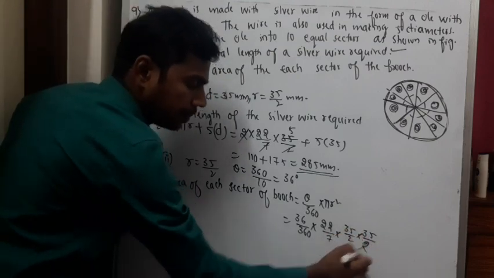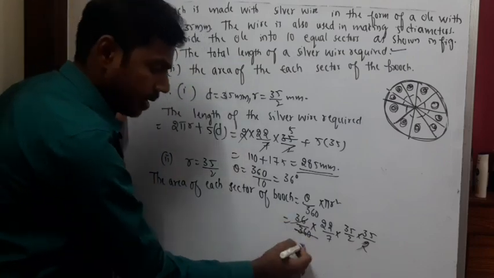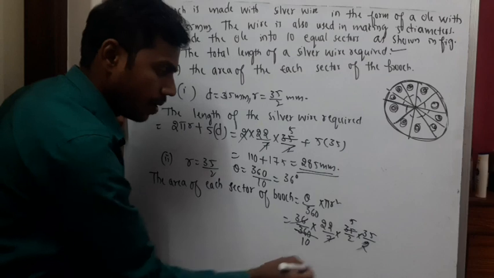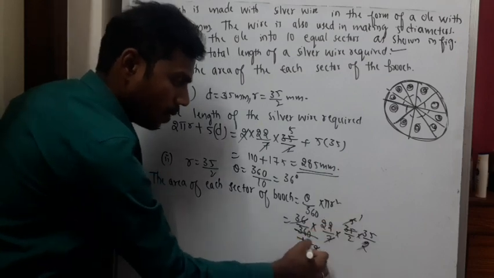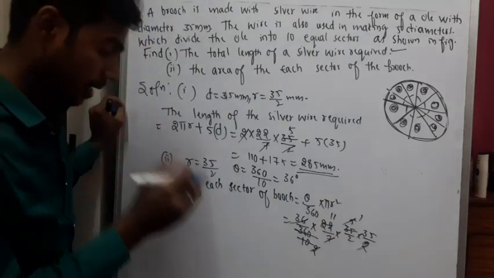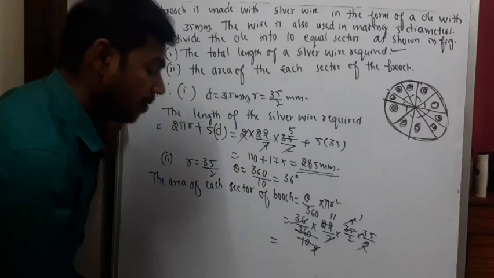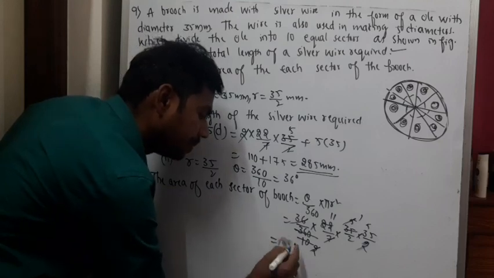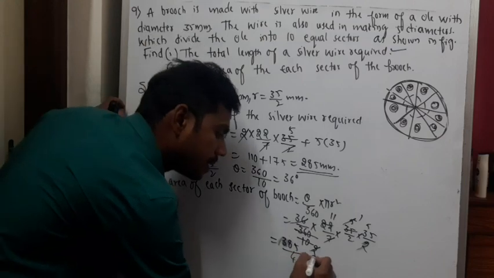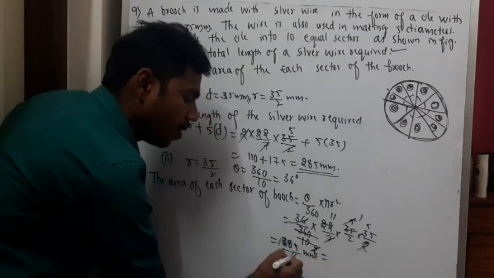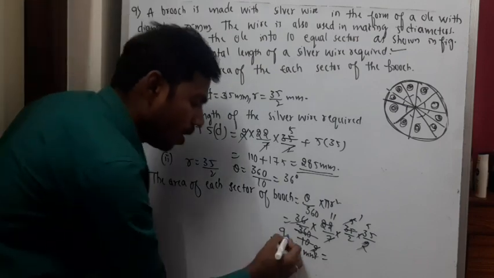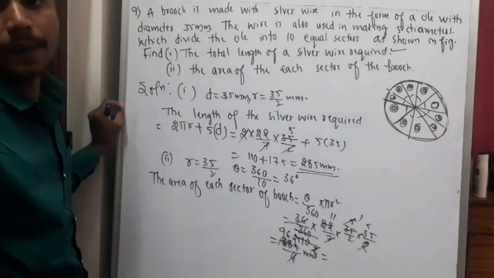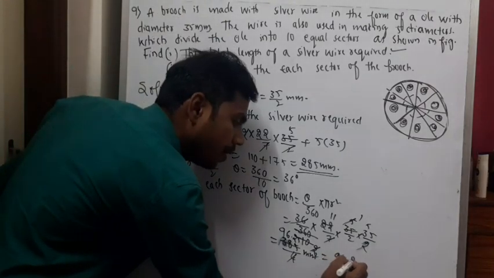Now 36 ones are 36, 36 tens are 360. Now 7 ones are 7, 7 fives are 35. 5 ones are 5, 5 twos are 10. 2 ones are 2, 2 elevens are 22. We are left with 11 and 35 divided by 4. 11 times 35 is 385, divided by 4 mm square, or else we can write it as 96.25 mm square.